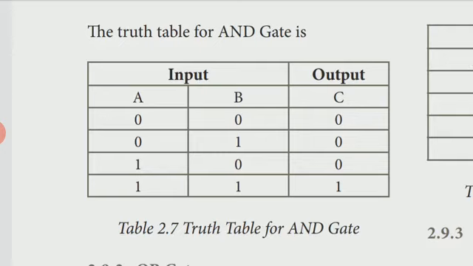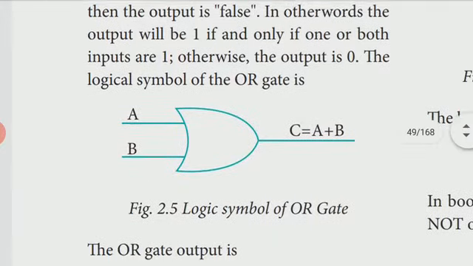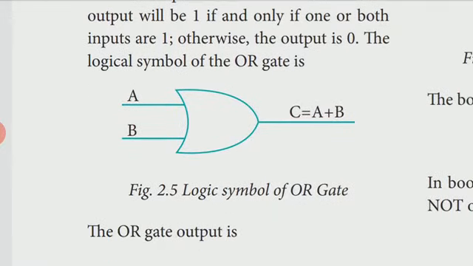So, the next one is the OR gate. This uses the OR operator. This is called the OR logic symbol. You already know the OR gate: if any one input is true, the result becomes true. This is the logic symbol for the OR gate.